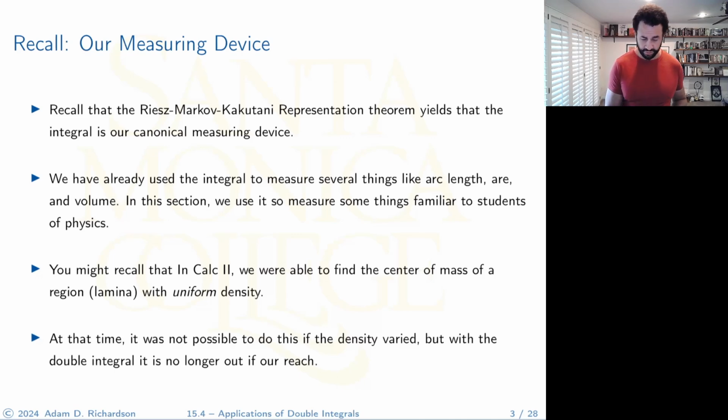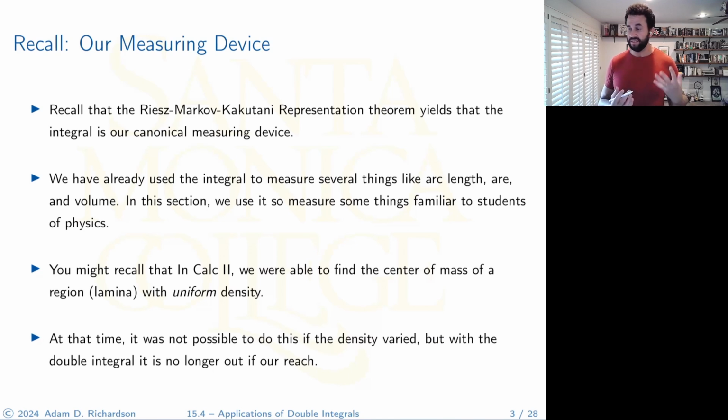So you might remember from Calc 2, you were able to find the center of mass of a region, or they called it a lamina, that had a uniform density. That was one of the assumptions that we had back in that section. At that time, it wasn't possible to use the tools yet if the density varied depending on where you were in the region. But now that we have the double integral, we can account for that.